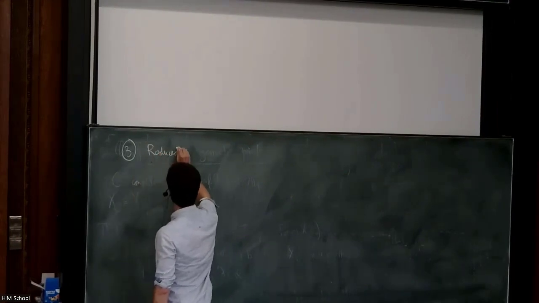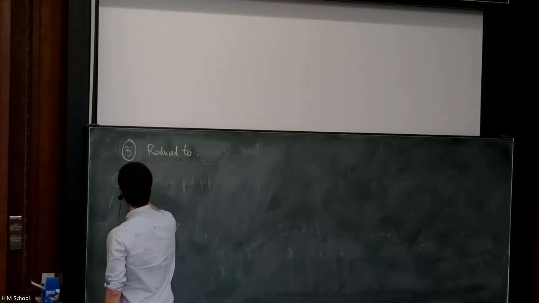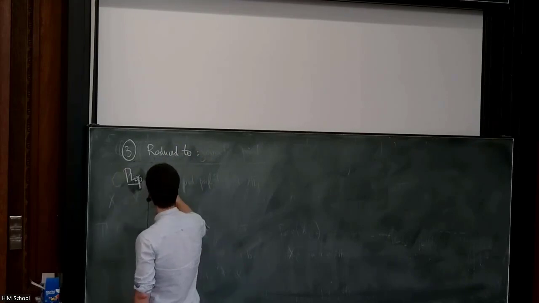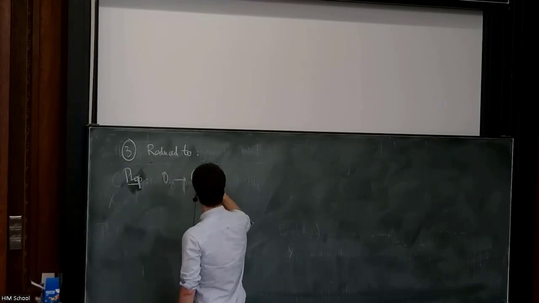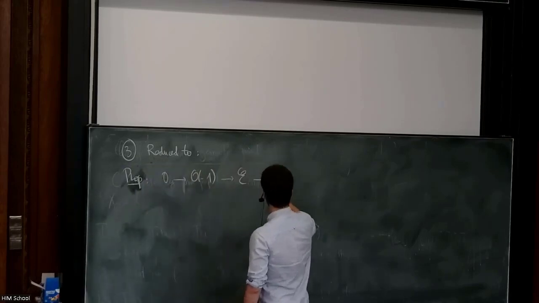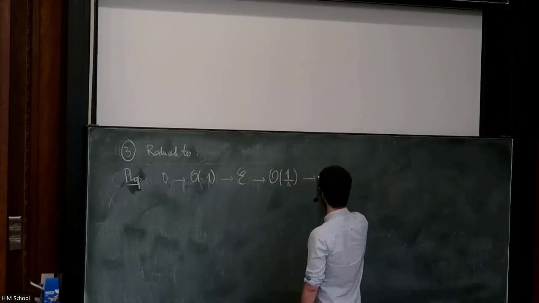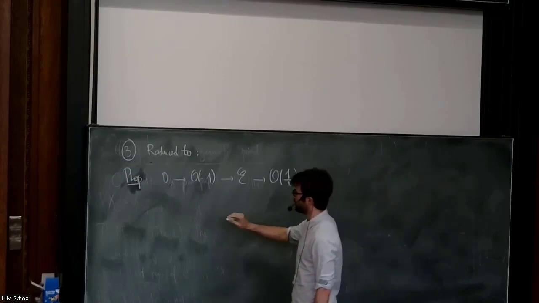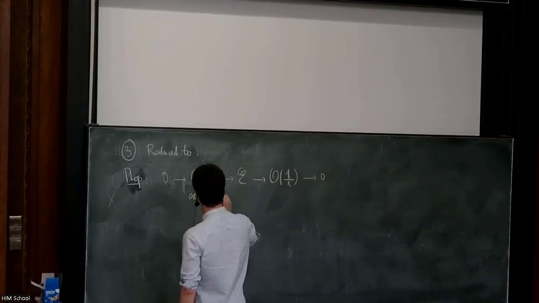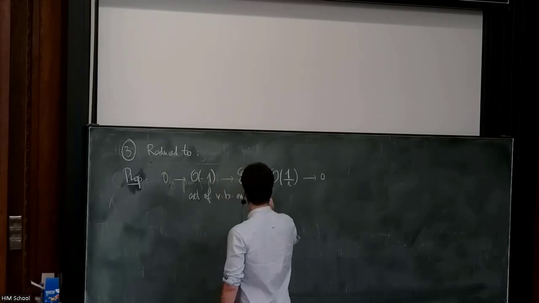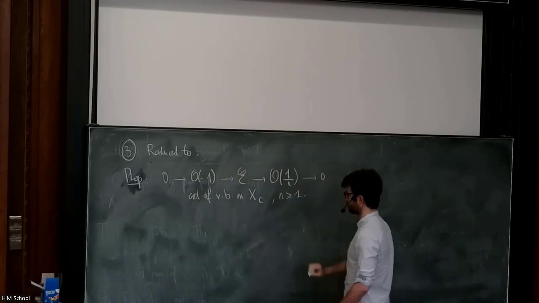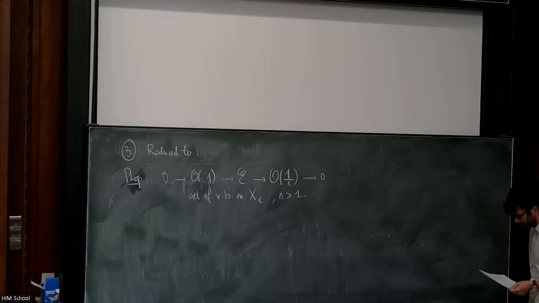And so now we reduce to the key statement, which I will just rewrite, which is the following proposition. Imagine we have an extension of, now I rename n-1 to be n, so let's have such an extension of vector bundles on X_C for some positive integer n.